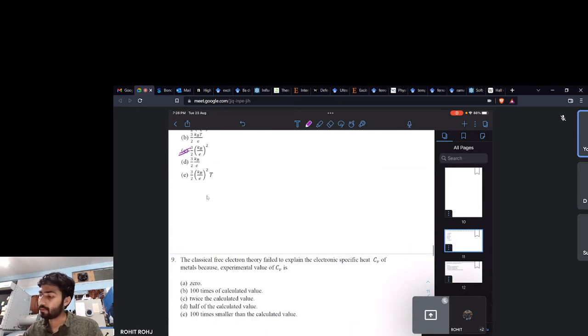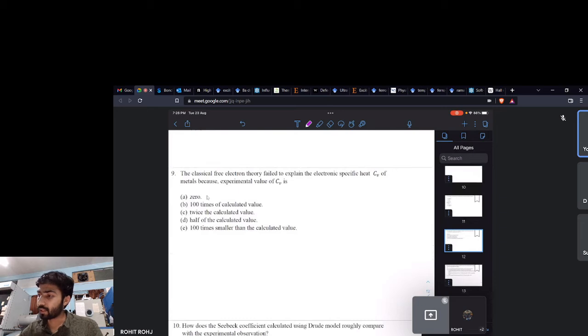Now this question is more or less a straightforward postulate and a result that comes from Drude theory: the classical free electron theory failed to explain the electronic specific heat Cv of metals, because the experimental value of Cv is 10 to the minus 2 times the Cv of the Drude model.